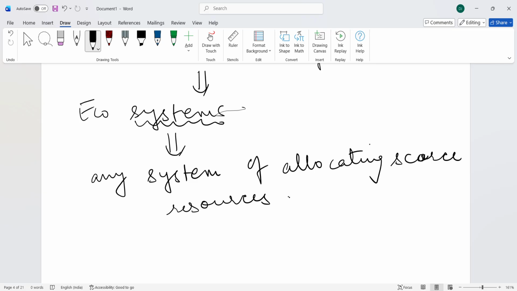Any system you take, the administrative system, the judiciary system and the executive system, all these systems together, any system that helps in allocating scarce resources is your economic system.